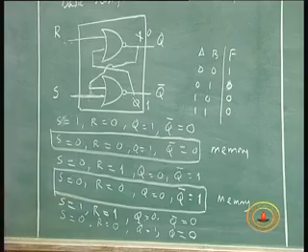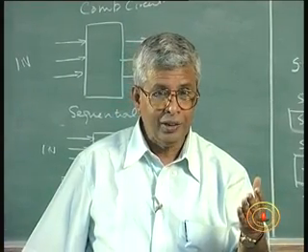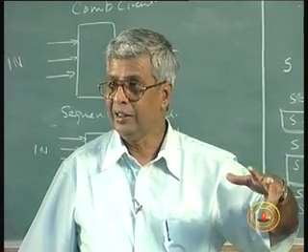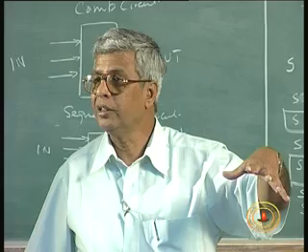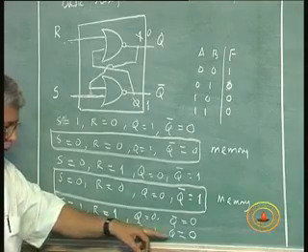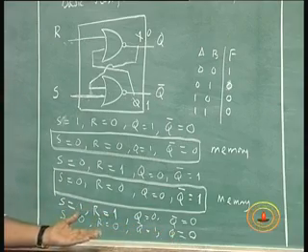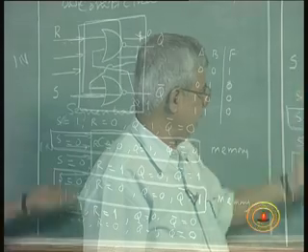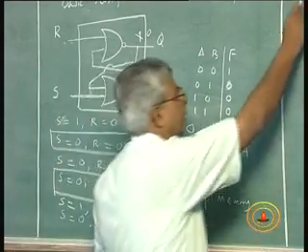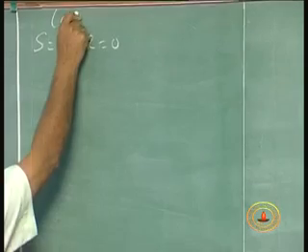So, output depends on whichever gate I take first to analyze. Do you like a circuit like that? Would you like to have a circuit in which the output will depend on which gate you look at first? It is an unreliable operation. So, this is Q bar is equal to 1 and Q is equal to 0. It is not for sure, no guarantee on that, because if I had taken this way, I would have gotten 0 1. If I can continue this, I can also write for S is equal to 0, R is equal to 0 after, of course.